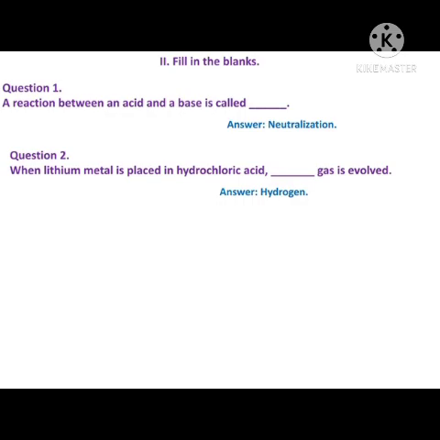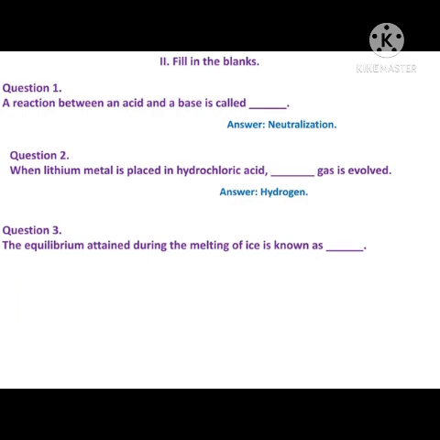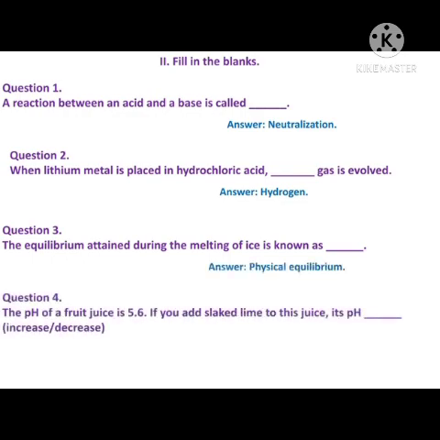Third one, the equilibrium attained during the melting of ice is known as. Melting of ice means solid ice is converted into liquid. So that is physical equilibrium. Fourth one, the pH of the fruit juice is 5.6.